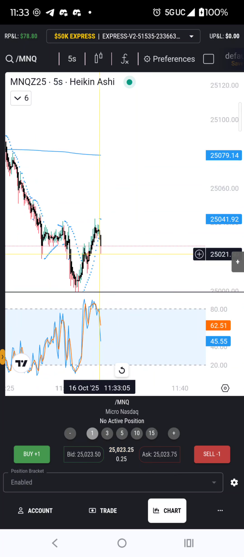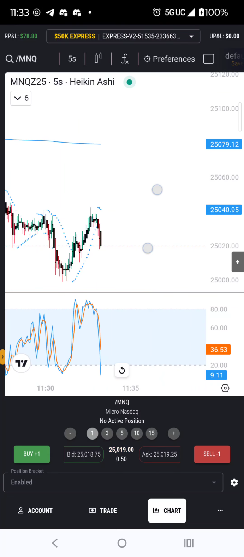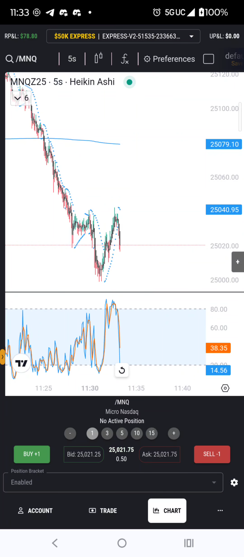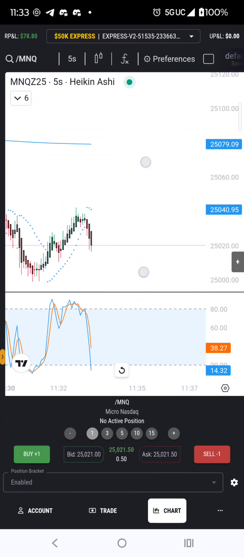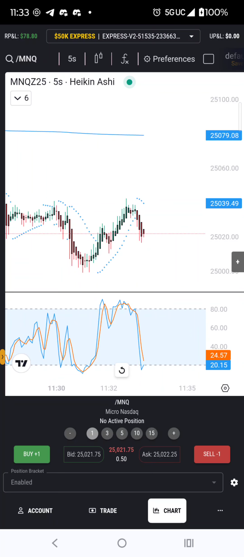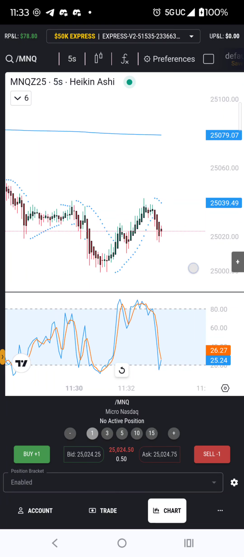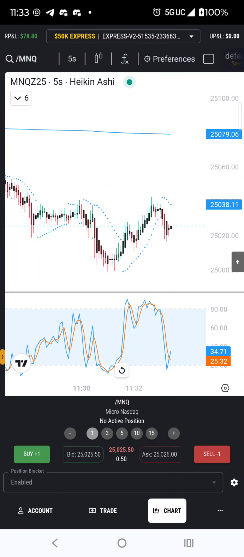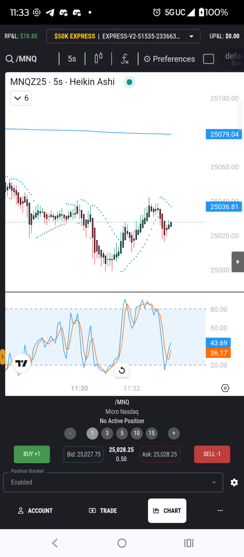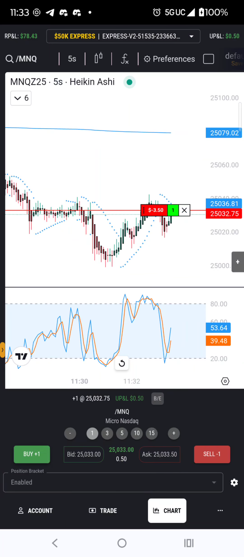Here it comes. There it is. And then you watch what happens here. See if it holds it, or see if it's going to continue that downtrend, because the downtrend is stronger right now anyway. So it looks like it held it.